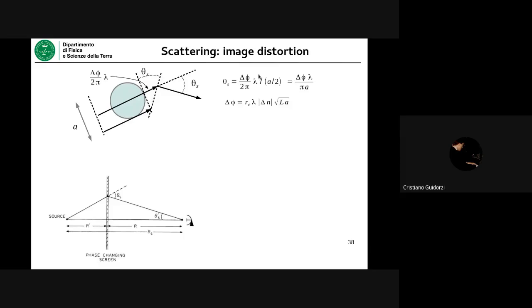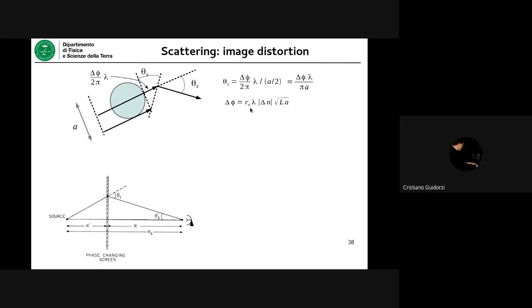So the cumulative effect in this tilting of the wavefront is this guy here. On average, you will see that the wavefront has changed direction in a variable way. On a practical basis, if you pick two rays randomly and work out the difference in their tilting directions, you will find something comparable with this. That's the meaning of this delta phi.